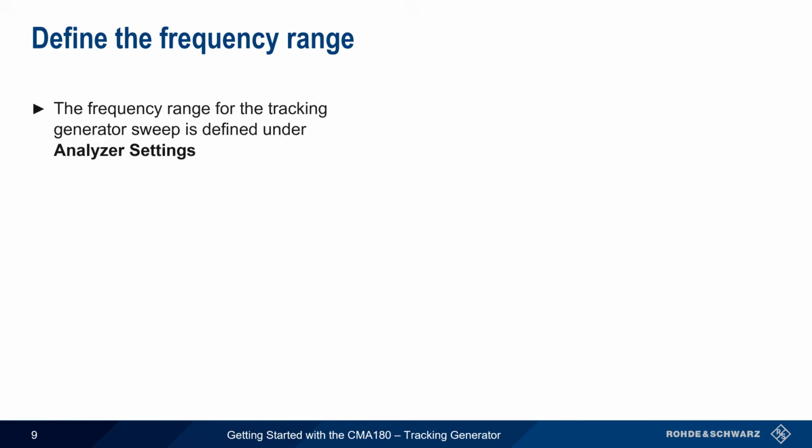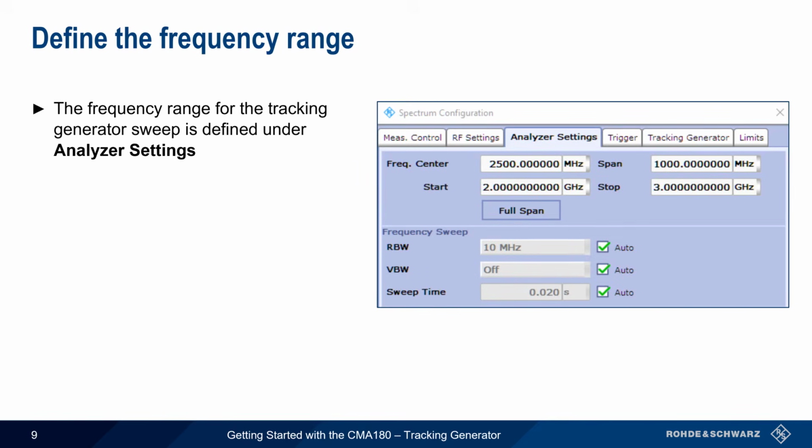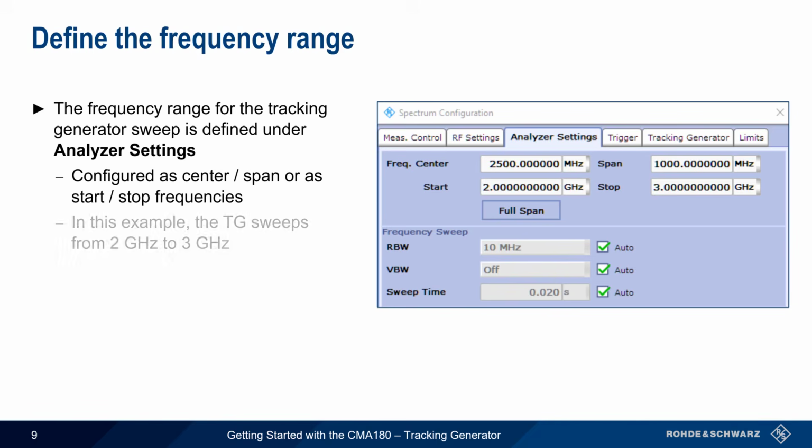The next step is to configure the frequency range over which the tracking generator will sweep, and this is defined under Analyzer Settings. This range can be configured either as a center frequency and span, or as start and stop frequencies. In this example, a center frequency of 2.5 GHz and a span of 1 GHz corresponds to a start frequency of 2 GHz and a stop frequency of 3 GHz.